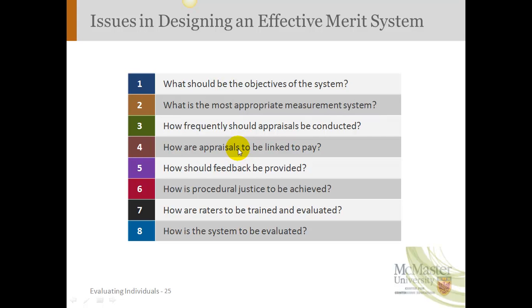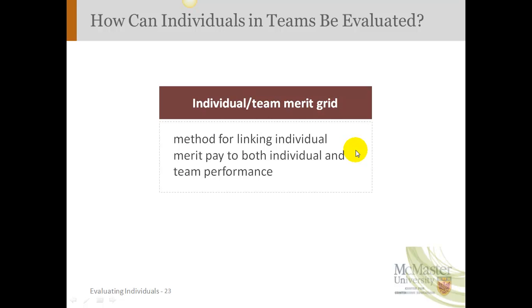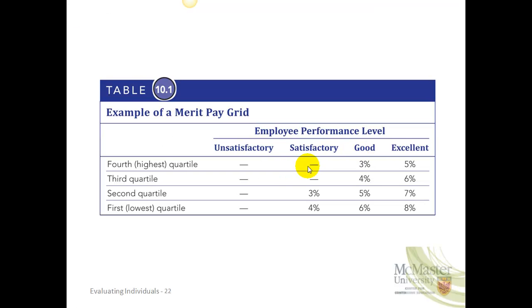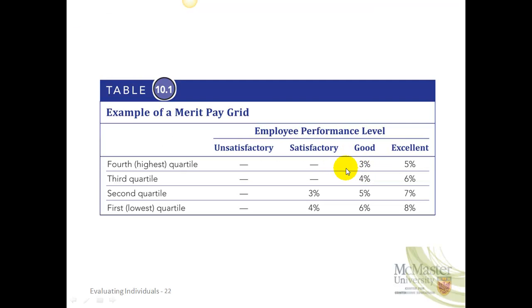Because these percentages that we're building in here are based on your budget, right? These are all based on your budget. How much can you afford to pay? So you have to have an idea of what you think your people are going to be. Do we think 70% of our people are going to be good? 20% of them are going to be excellent? 10% are going to be satisfactory? And we're not going to have any unsatisfactory because we're going to move them out before they become unsatisfactory.